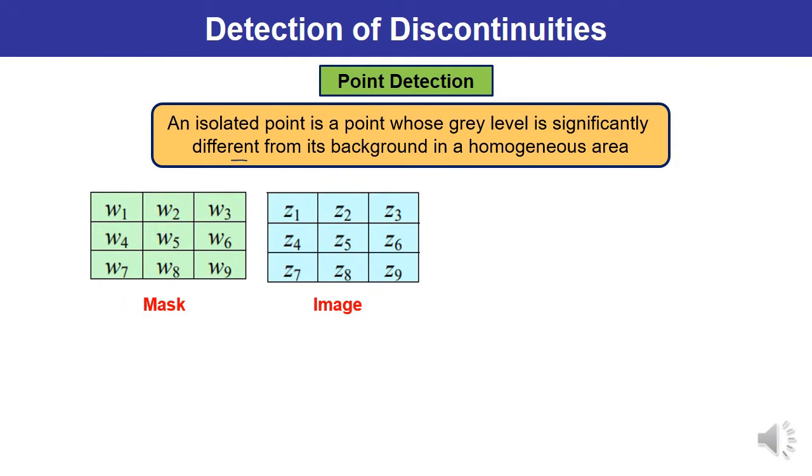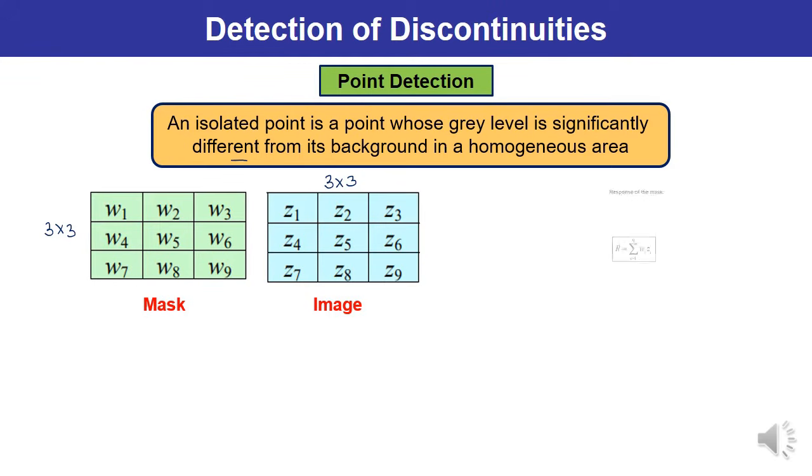See, if this is a 3x3 mask and a 3x3 image is given here, the size of the mask and image, if required, must be the same. The mask is superimposed onto the image, and the convolution process is applied, and you will get the response of the mask.